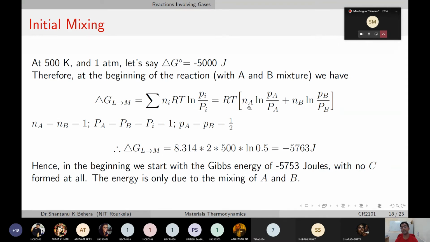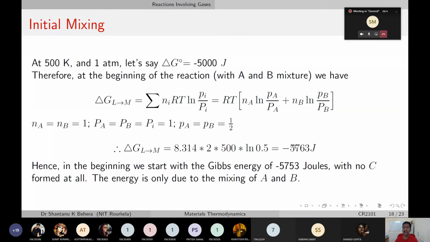That is simply RT Na ln Pa by capital Pa, and Nb ln small pb by capital Pb, which is actually half and half. That eventually gives you the del G L to M as minus 5,763 joules.